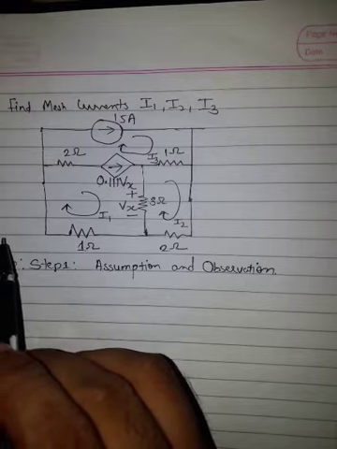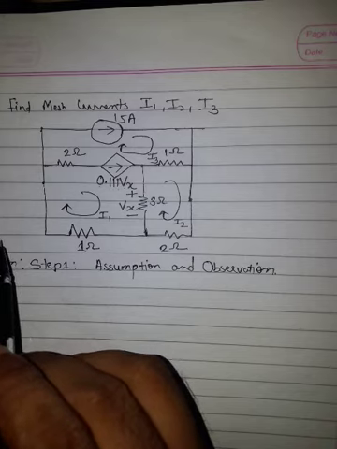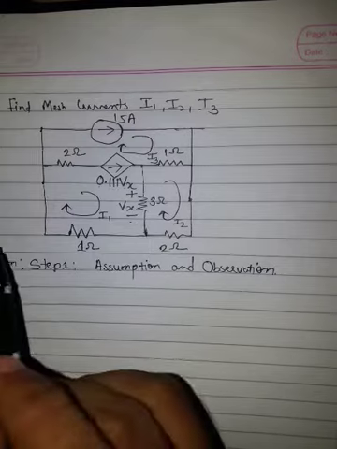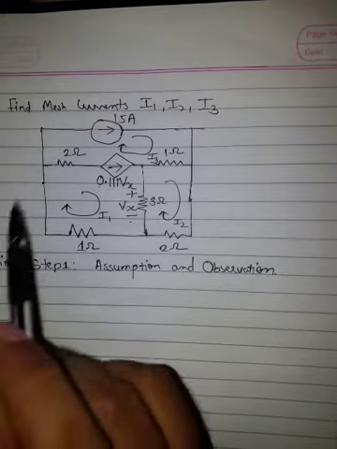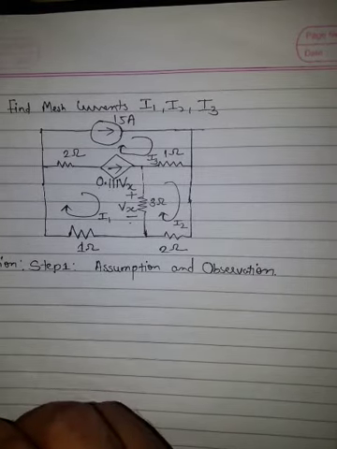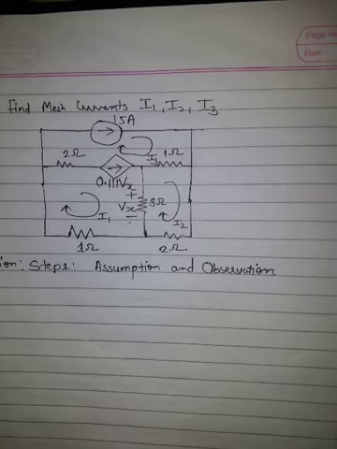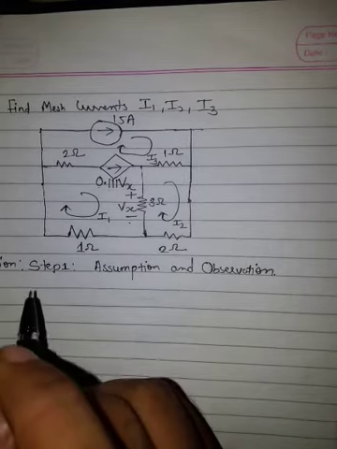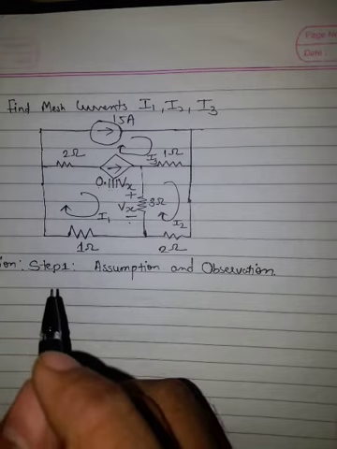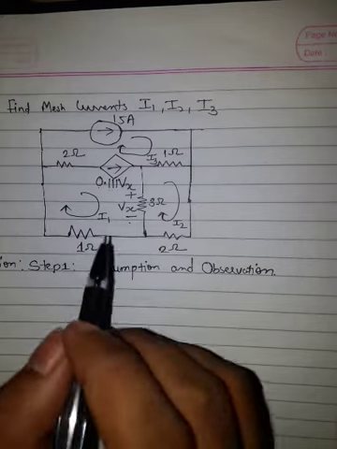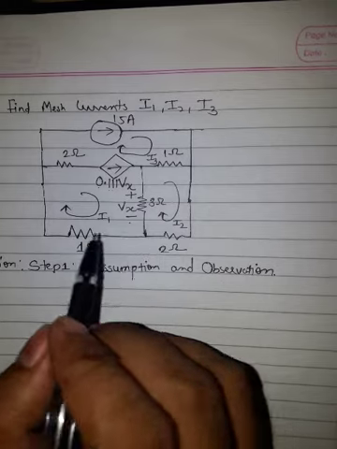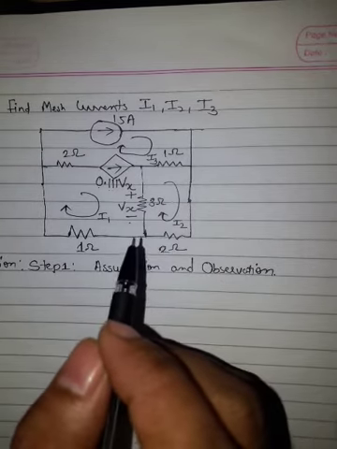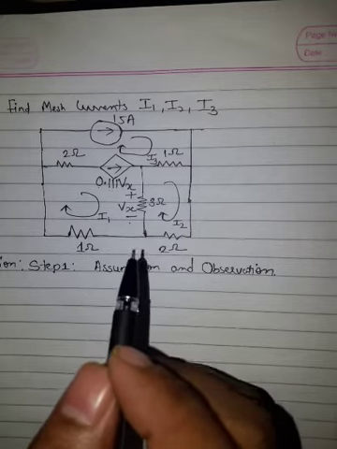It is called a voltage dependent current source because its value depends on Vx, which is across 3 ohm, and 15 ampere is an independent source. So from observation we have to find the value of Vx in terms of I1 and I2, so that we can use the value of Vx afterwards.